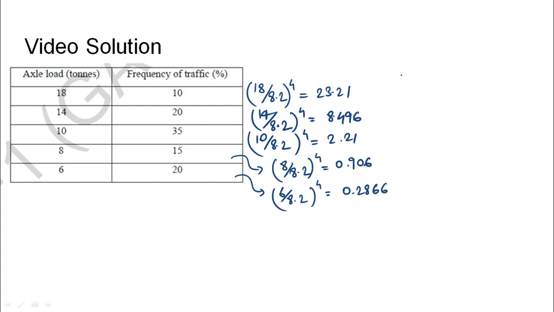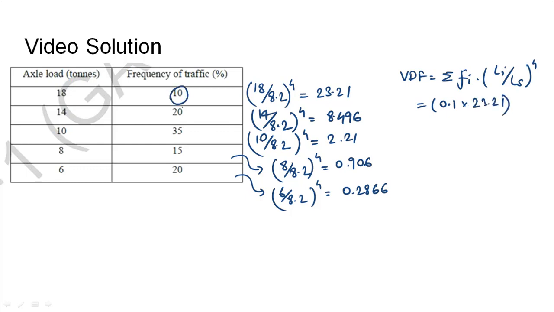So now we need to find the vehicle damage factor, which is given as the summation of the frequency into (Li by Ls) to the power 4, which was computed on the left side. So this would become 0.1 into 23.21.